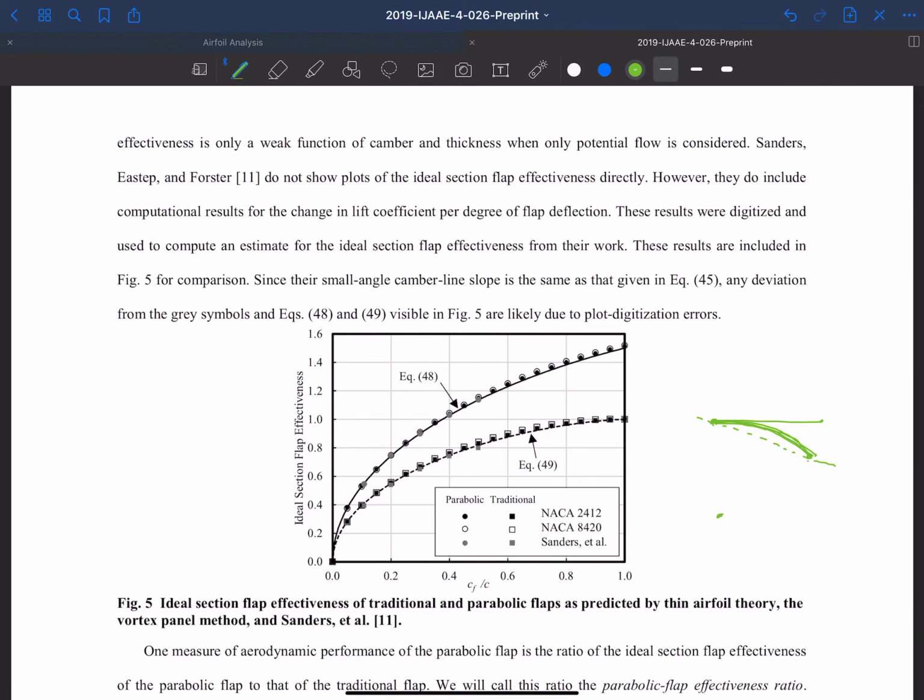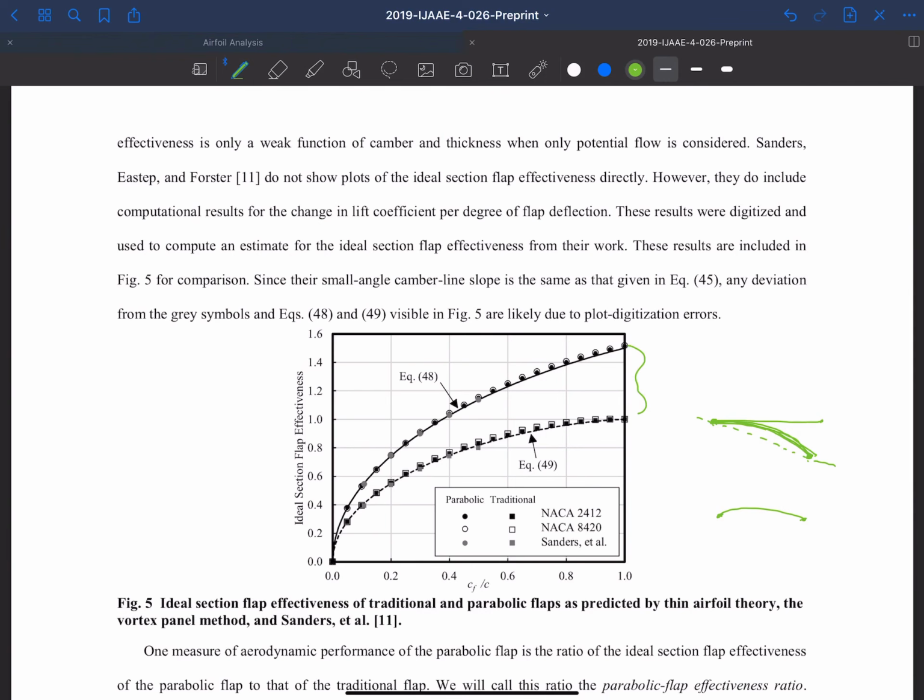So basically we've cambered the airfoil with a parabolic shape, and we've changed the angle of attack. Those are two things working for us. And that's why we can get a larger than one change in our section flap effectiveness.